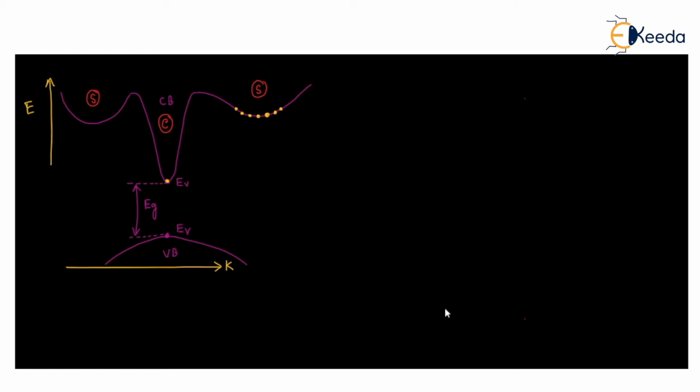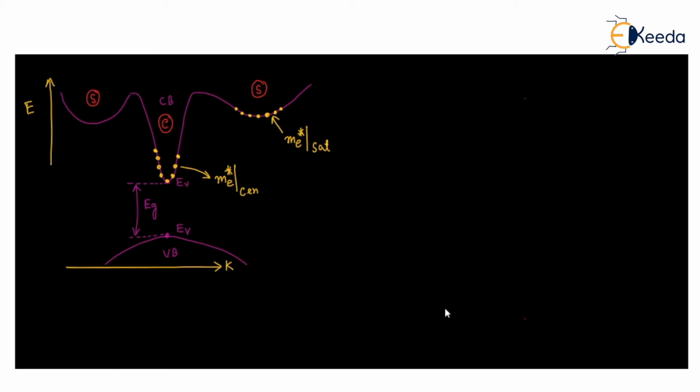Similarly, we'll have some electrons here in the central valley. These are the electrons of the central valley. Now suppose these electrons have some effective mass, m star, and they are residing at the central valley. And suppose these electrons have some effective mass, m star, and they are residing at the satellite valley.